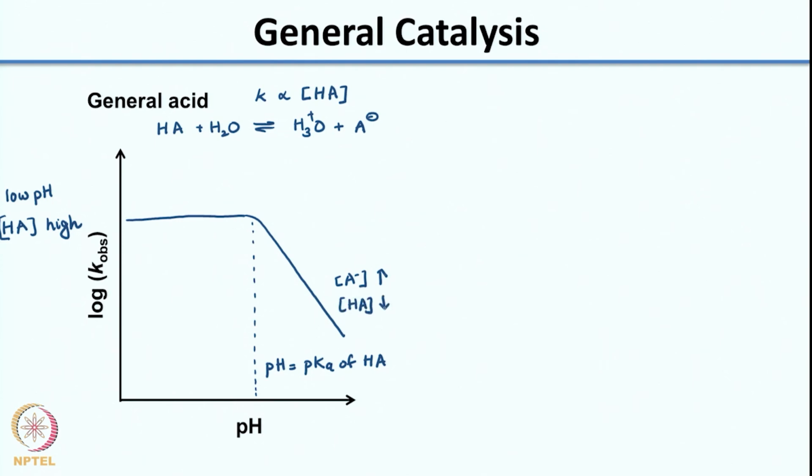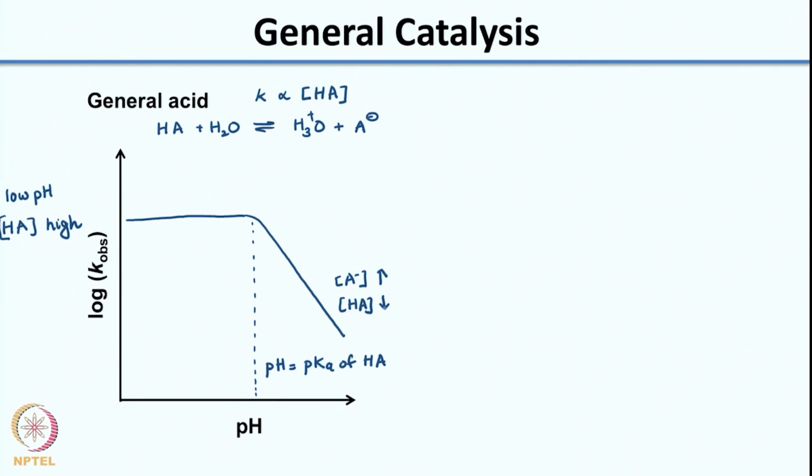Beyond this point you will have lesser and lesser concentration of HA in the solution, and we had just seen in the previous slide that the K observed actually increases with the concentration of HA. So as the HA concentration is decreasing, you would see a decrease in the rate that you observe.